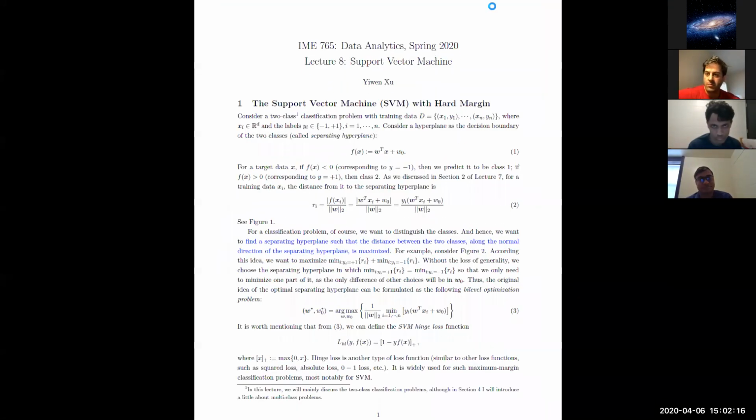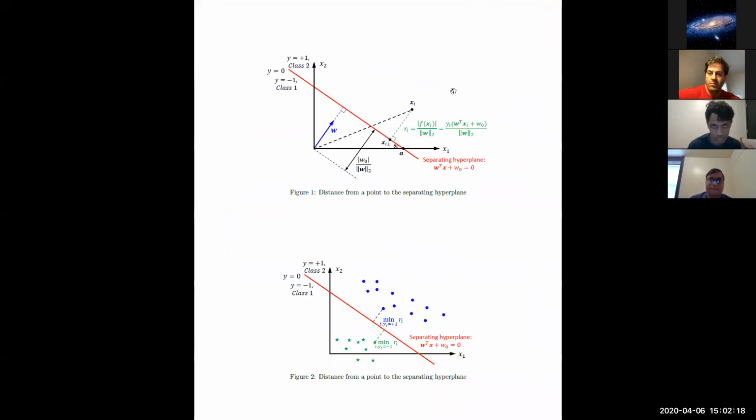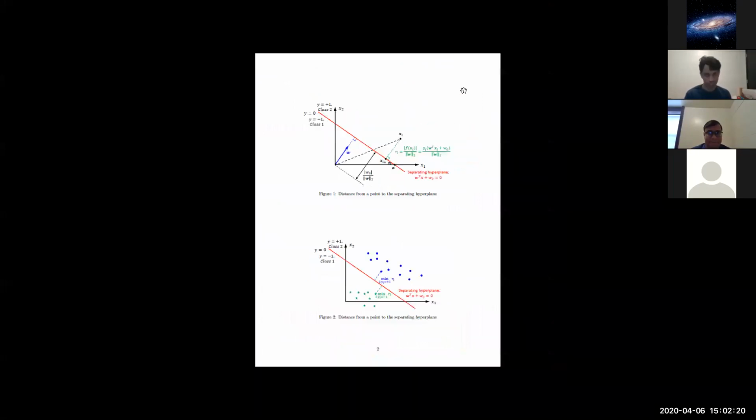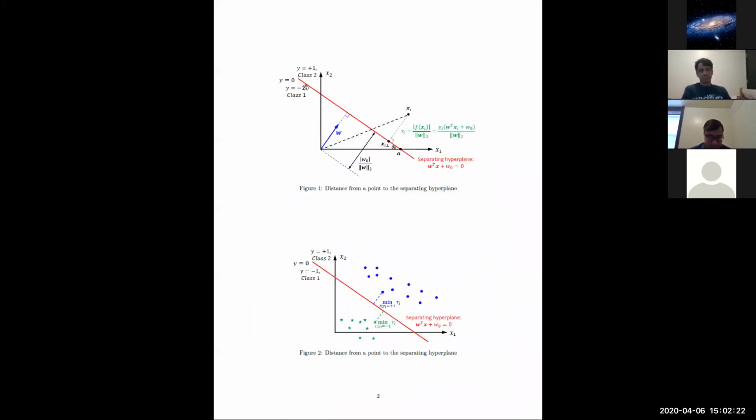So in the previous two lectures, I introduced what a support vector machine is. Basically, we try to find a separating hyperplane such that the difference between the two classes is maximized. The difference means the minimum distance from the data of one class to this separating hyperplane.